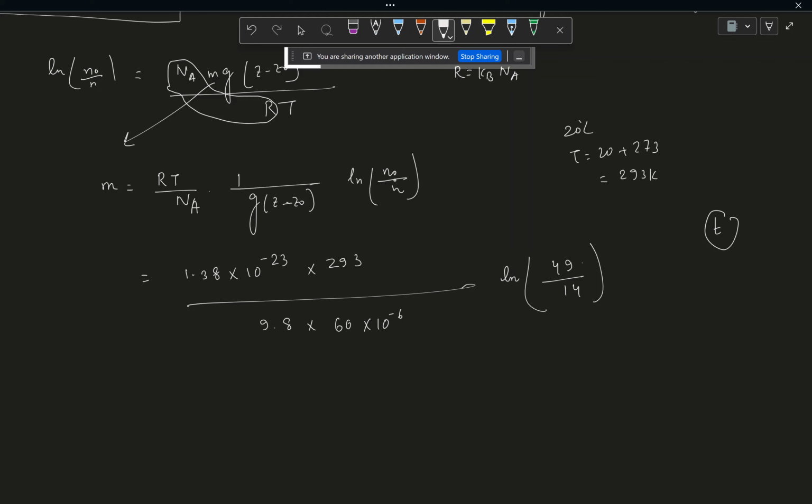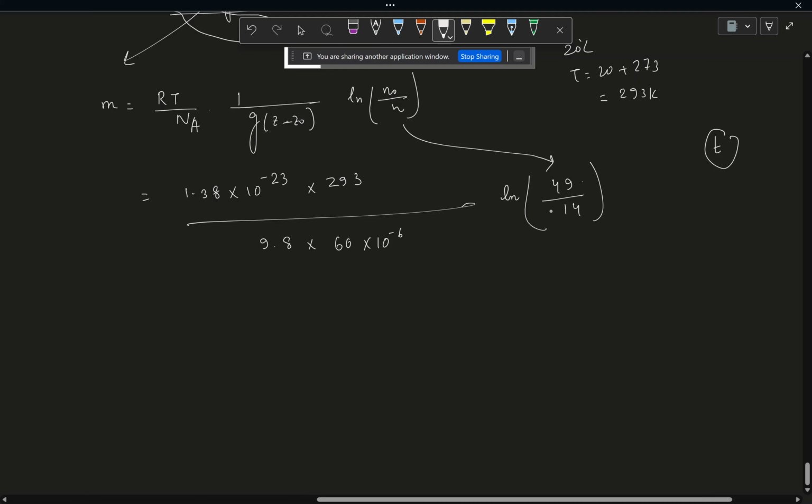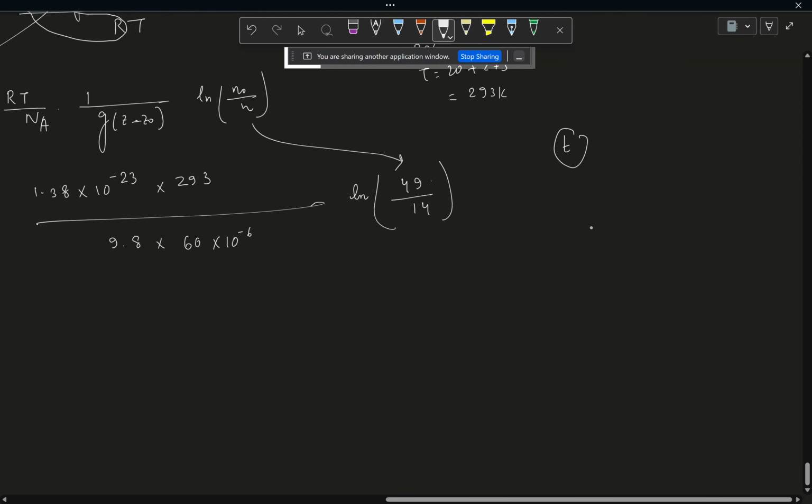So it does not matter whether you are taking number density, that means number per volume, or number per area. Ultimately in the ratio both will be the same if both the layers have the same thickness. So you can directly write down this n naught by n by this ratio of 49 by 40, basically because number per volume is equal to number by area into thickness T.